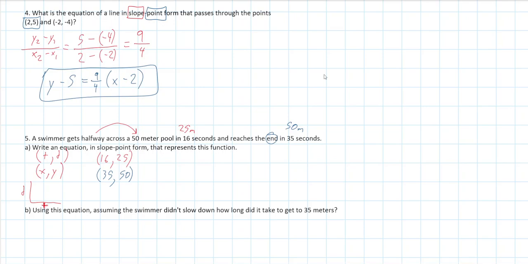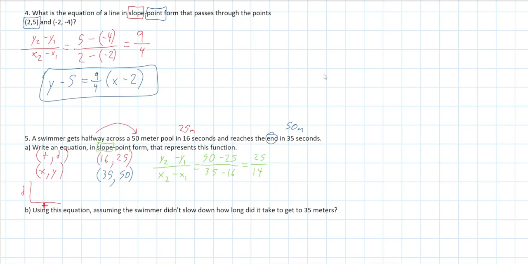We need to write an equation in slope point form. So what do we have to do? We have to find the slope first. Okay, so y2 minus y1 over x2 minus x1. So we're going to have 50 minus 25 over 35 minus 16. So we get 25 over 14.